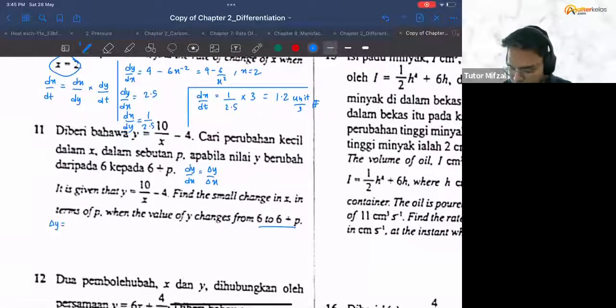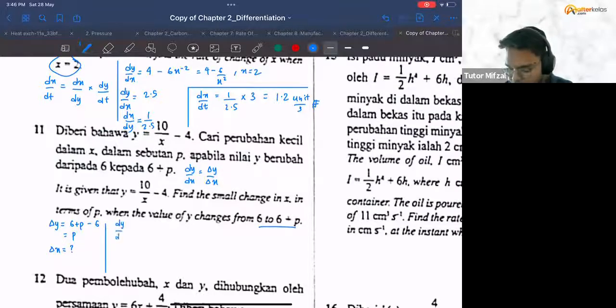So delta y is equivalent to 6 plus p minus 6, so here you should get p. Delta y is the new value minus the old value. Now, do we know the small change in x? No, we don't know. We want to find that. So there is only one thing we have to find, which is dy over dx.